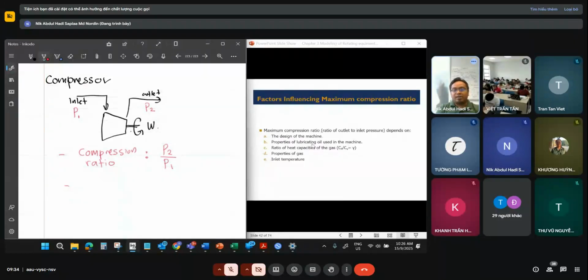The next one is the ratio of heat capacity of the gas. We have the term gamma here, which is Cp over Cv. This gamma depends on type of gas.